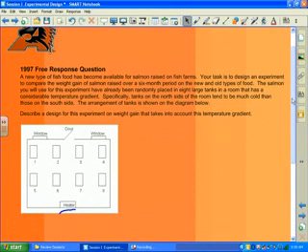Okay, alternate the treatments in each tank. So like let's label these new, old, or whatever. Okay, that's good.